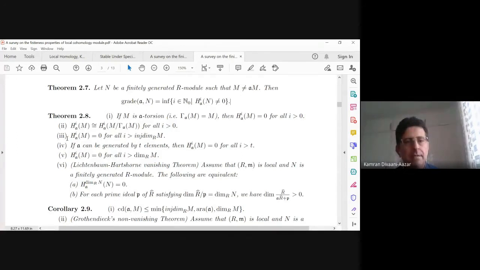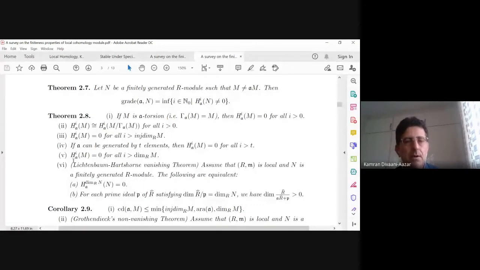So we have the third statement, which is trivial. Local cohomology is 0 beyond the injective dimension. The fourth is clear by what I said about the computation of local cohomology using the Čech complex. If A can be generated by t elements, then the ith local cohomology of M with respect to A is 0 for all i greater than t.